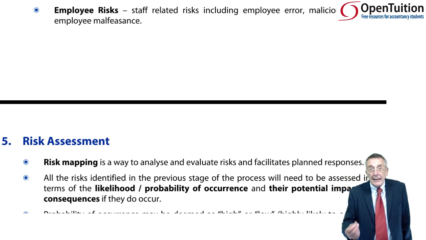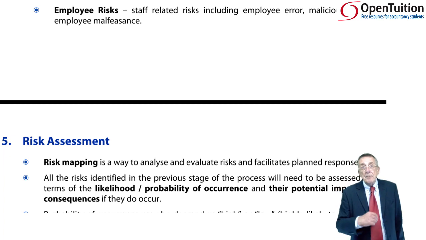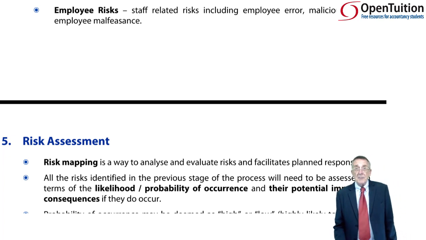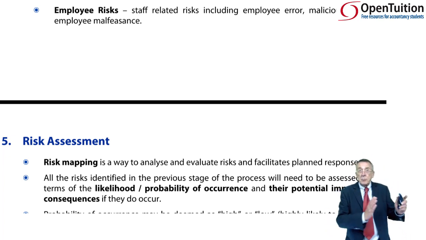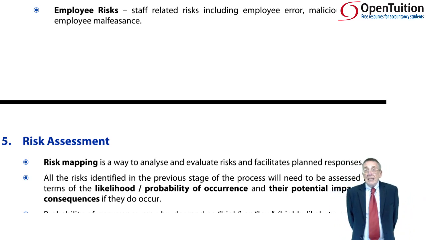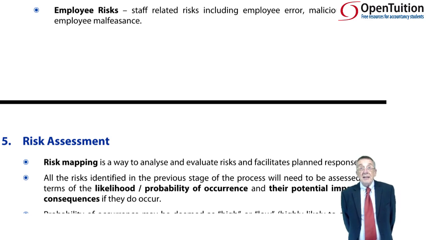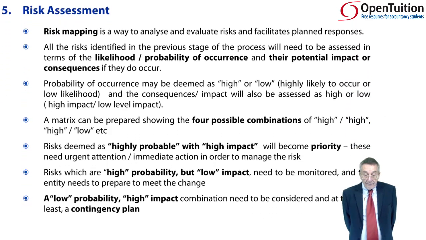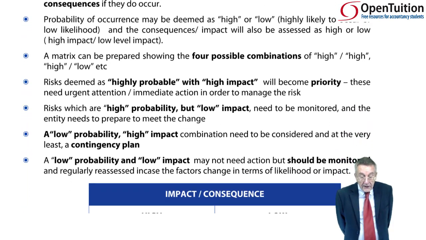We need to think about how likely that is to happen, and how big an impact it would have on us if it did happen. Of course, different levels and types of employees, the likelihood and the impact of it may well be different. Risk assessment.